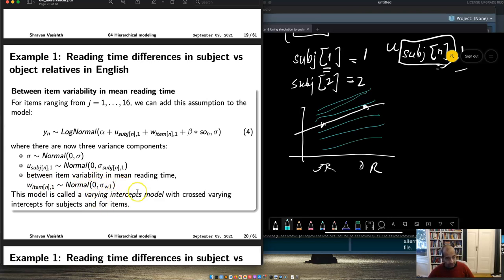So now we have three sources of variance. This is the mistake here, right? I want you to look here. This is actually a typo. It should be sigma U1, because what I've written here is that each subject has a separate standard deviation. That is wrong. Let me just fix that.